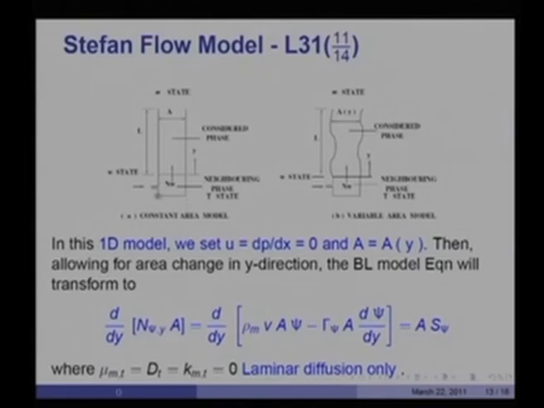But what is implicit in this model is that somehow water is being injected in the transferred substance state, T state, at a rate equal to the evaporation rate, so that L remains constant, and therefore, you see no transient term written in this equation. So, Stefan flow model is for a steady state mass transfer, in which implicit is the assumption that in the transferred substance state, the mass transferred amount is somehow made up by supplying the transferred substance.